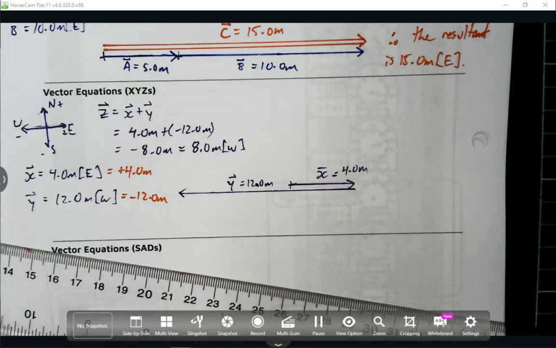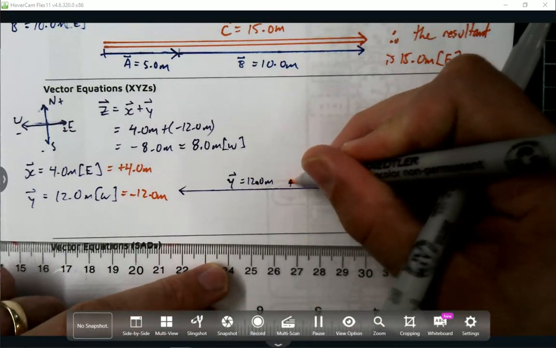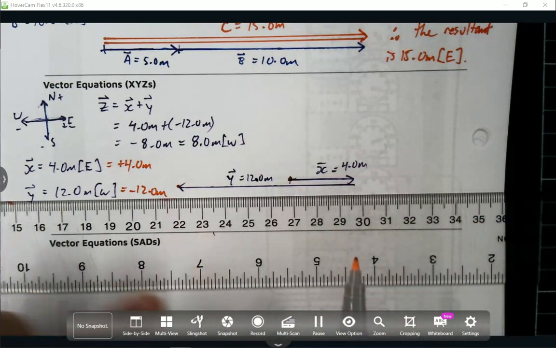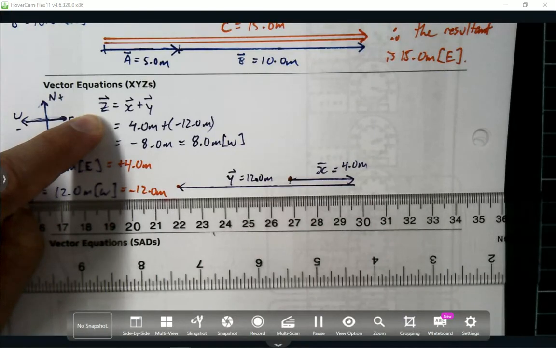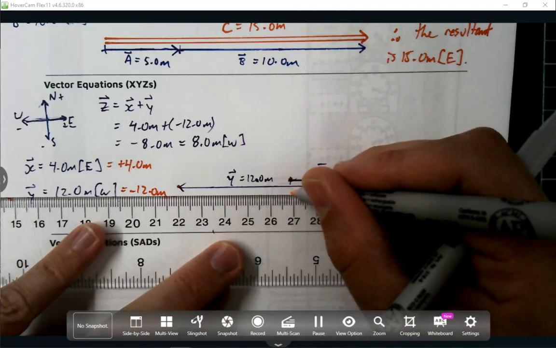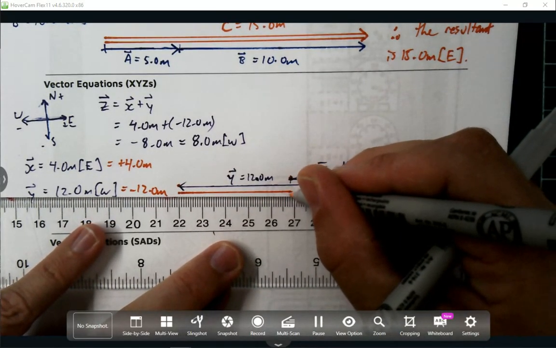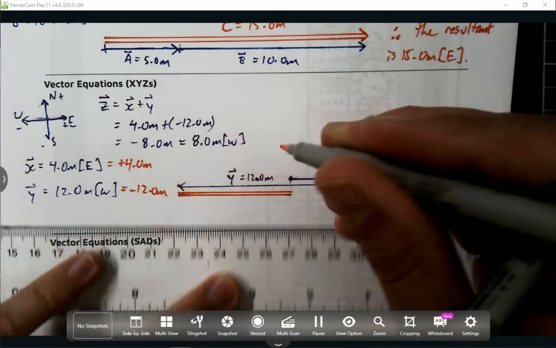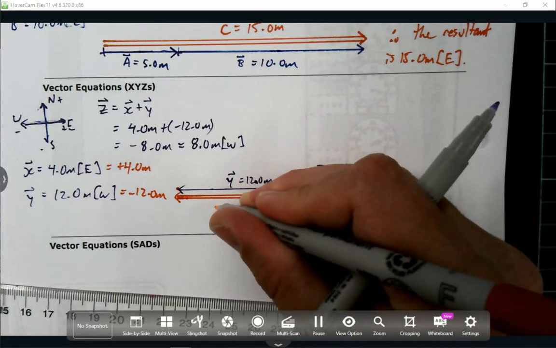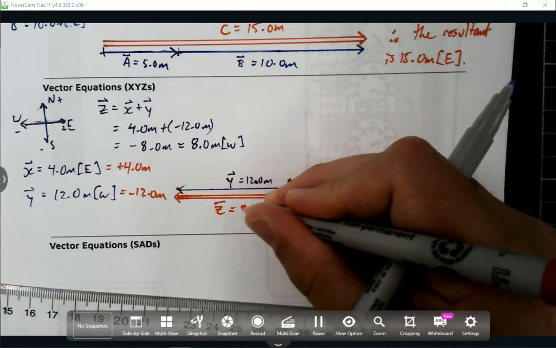But then when it comes to drawing the resultant, it is from the beginning of the first one to the end of the last one. Because that's what I've got in my equation. It's the sum of them, right? And that's what it means to be a sum. So from the beginning of the first one to the end of the last one, from the tip to the tail of the whole system, that would be my Z vector. 8.0 meters.